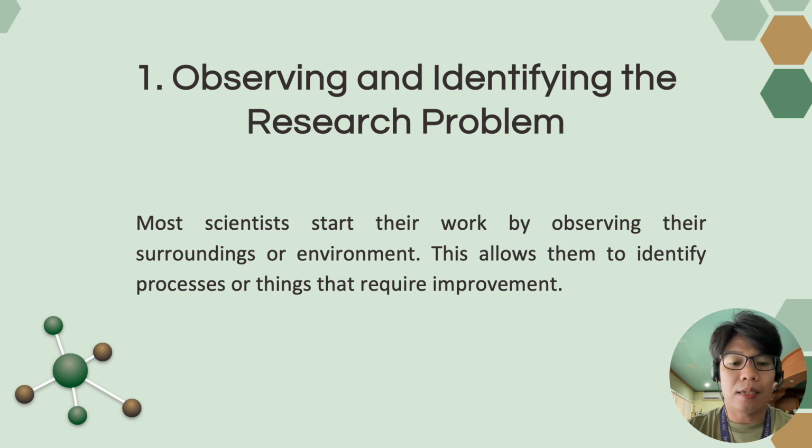Most scientists start their work by observing their surroundings or environment, and this allows them to identify processes or things that require improvement. Good observation allows you to start identifying the problem that needs a solution. Scientists start with observation and curiosity, and by that you can formulate inquiries.